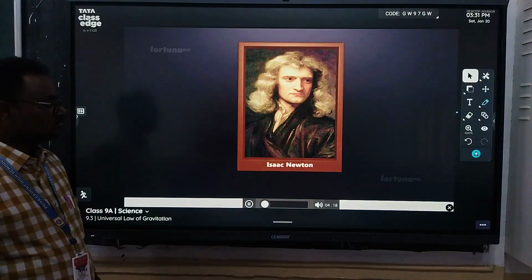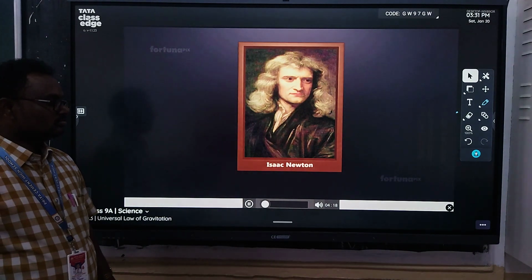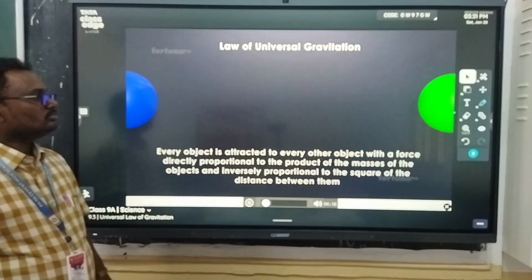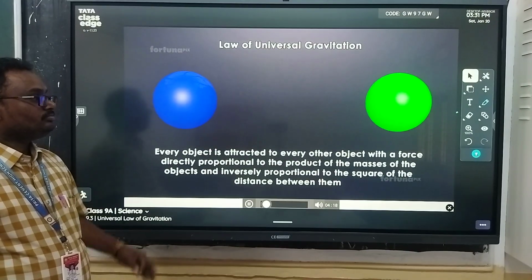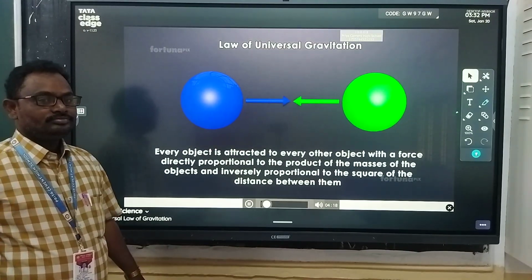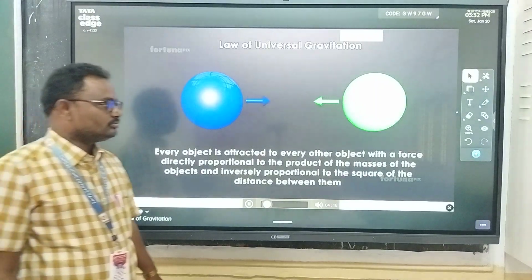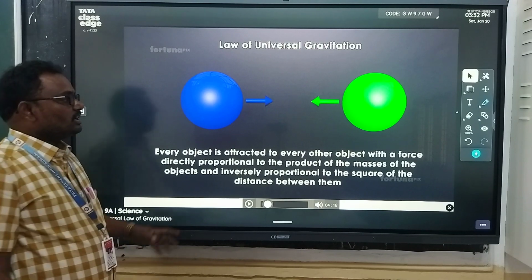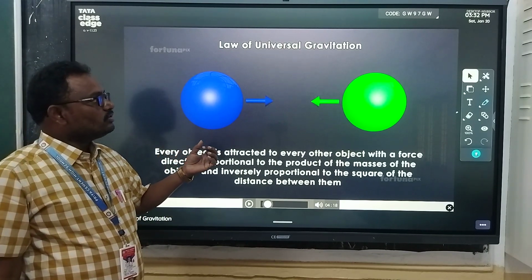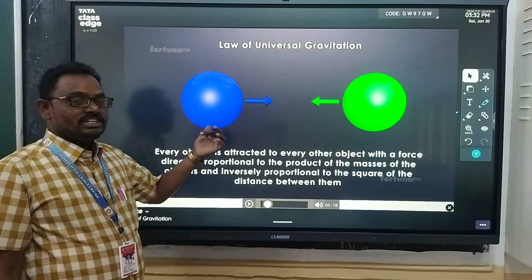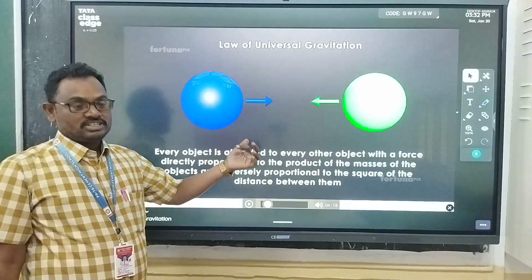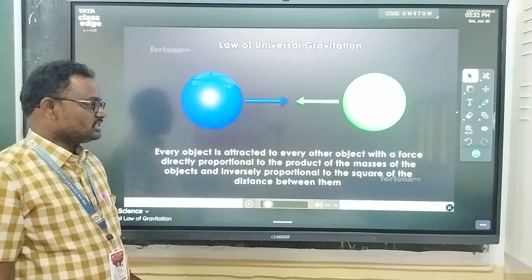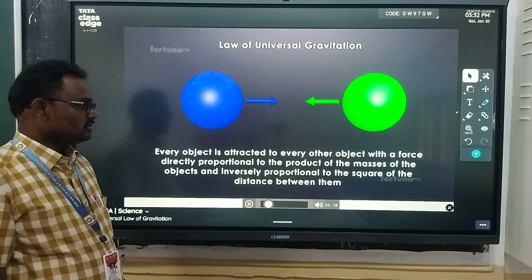In his law of universal gravitation, physicist Sir Isaac Newton proposed that every object is attracted to every other object with a force directly proportional to the product of the masses of the objects, and inversely proportional to the square of the distance between them.